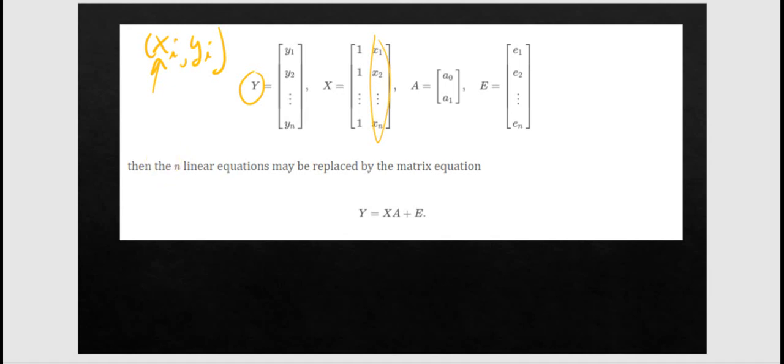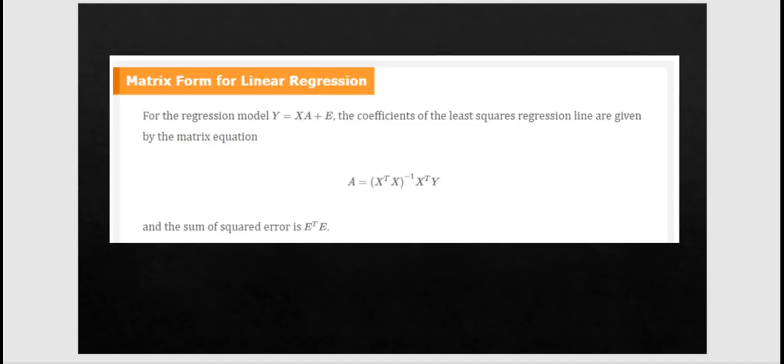Y is equal to X times A plus E. And the goal again is to find A. So here A can be found as the inverse of the transpose of X times X, and then that information times X transpose times Y.